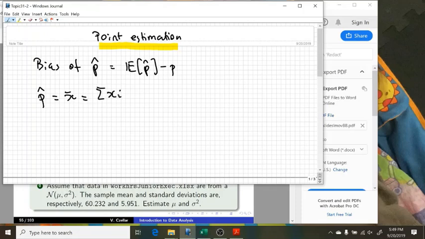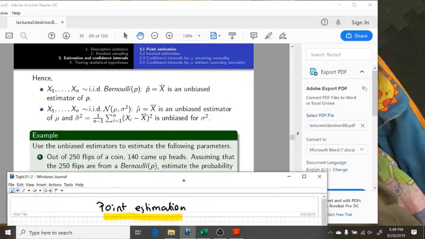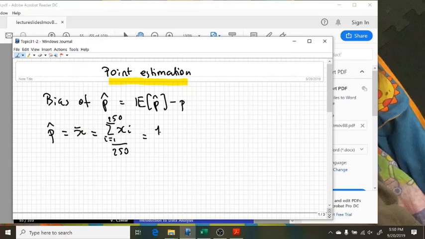Well, it's the sum of my observations, i going from 1 to 250, divided by the total, 250. And I know that here I have ones and zeros, and in total I obtain 140 heads. So in total I have 140 divided by 250. So this makes 0.56, and so this is a point estimate of P.